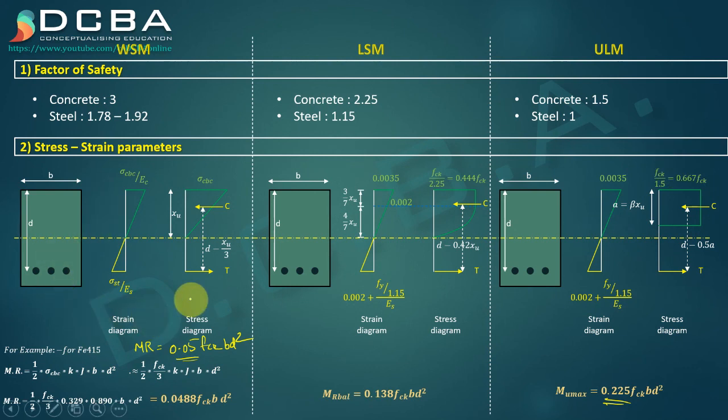So which one is better? If I ask this to students, generally they would say that WSM is better because it is giving you more safety, correct? But along with that more safety, yeah, that is agreed. But along with that, what about the cost? It is not at all economical because we are actually leaving so much energy of concrete that we could have utilized.